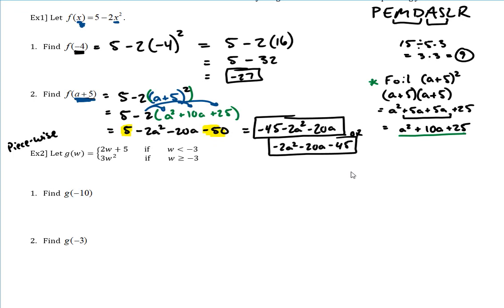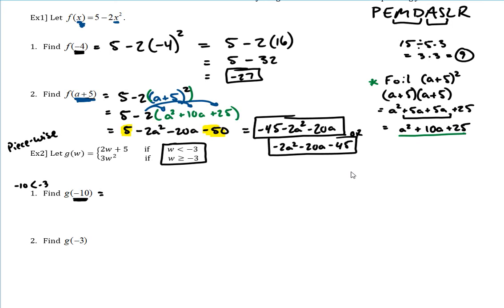All right. With this, though, we do have the two pieces. And when we want to start to evaluate, notice on this one, they say do g of negative 10. Well, first thing we do is look at where that would fall in this set of inequalities. So if I plug negative 10 in for w, it would satisfy the first one, because negative 10 is less than negative 3.